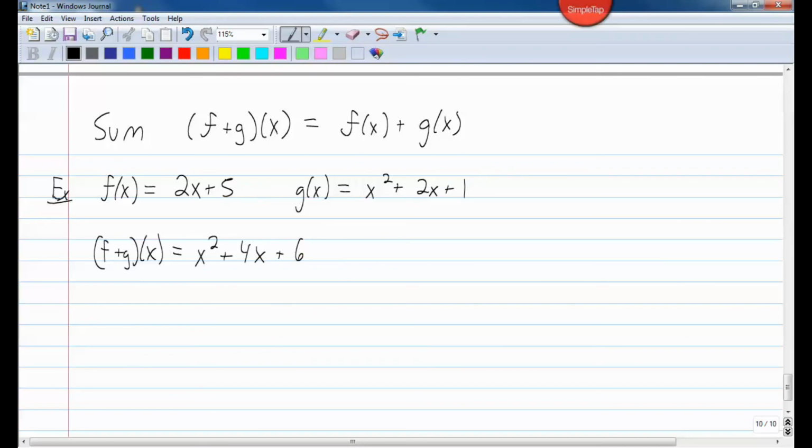So if it's a plus here, take the first function and add the second function. Combine like terms. Like I said, you've added and subtracted time and time again. This is just a way of saying, let's find the sum of the two functions.